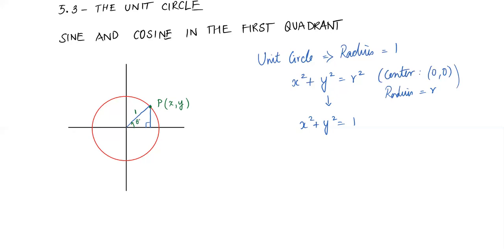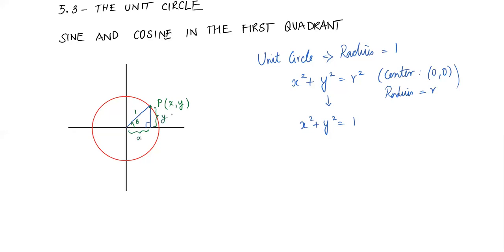So if you think of the sides that correspond to the x and the y, we can see that this bottom side of this triangle is your x, right? And this height here is your y.